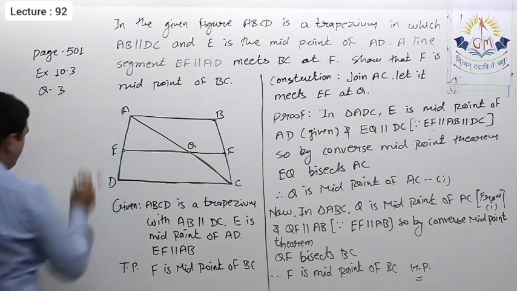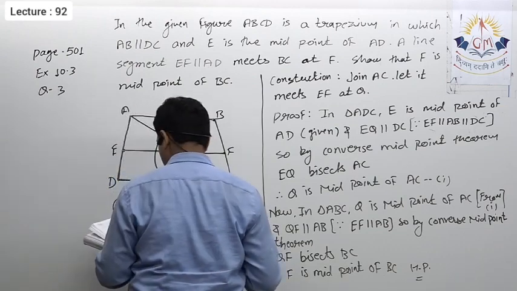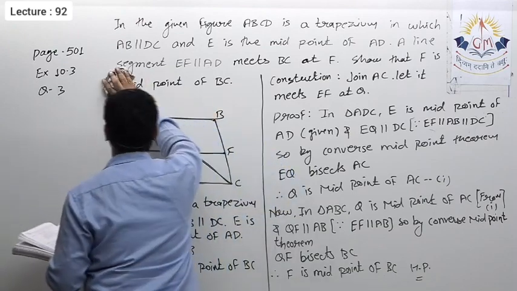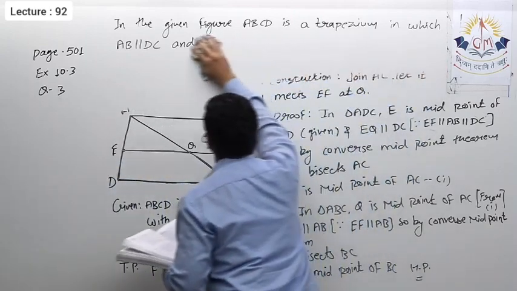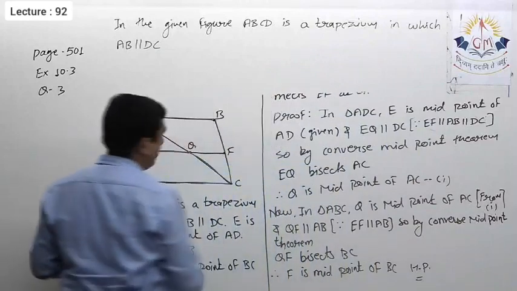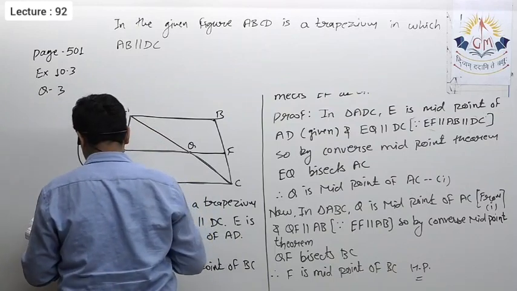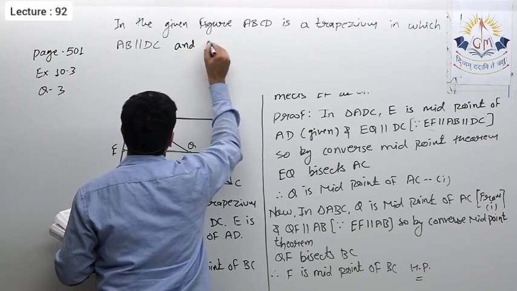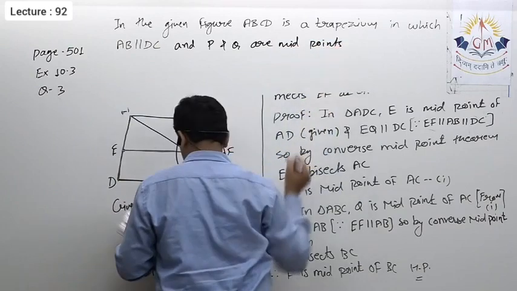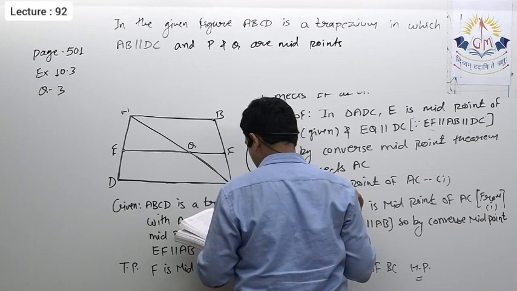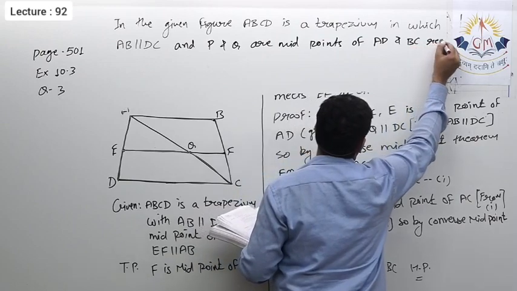Question: in the given figure, ABCD is a trapezium in which AB parallel DC, and P and Q are midpoints of AD and BC respectively.